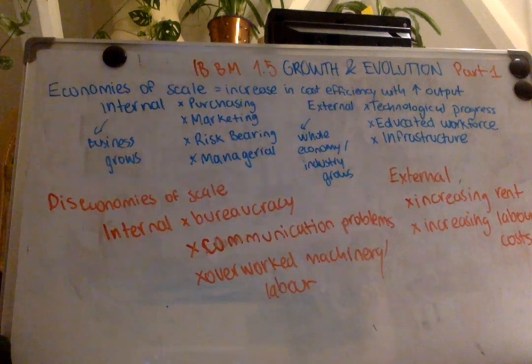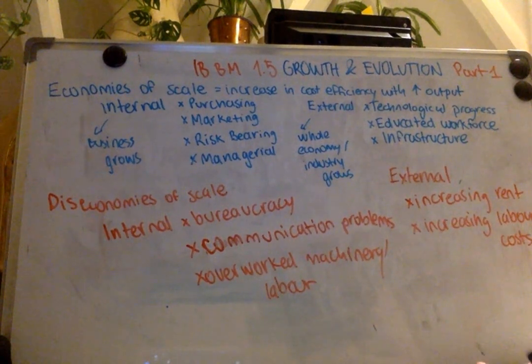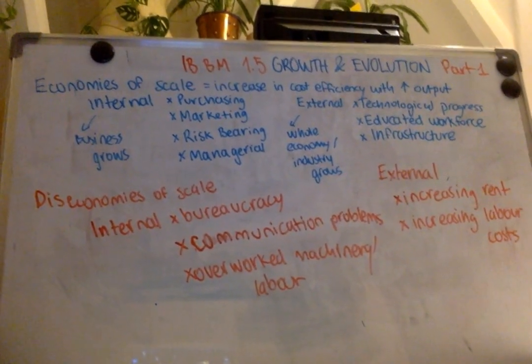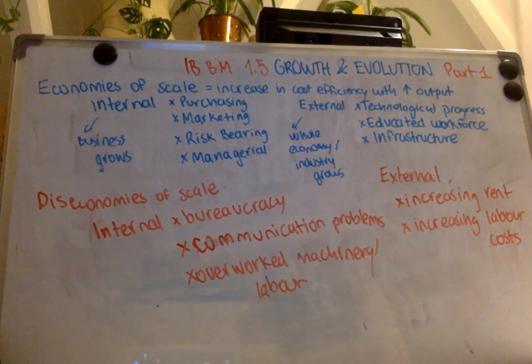Bureaucracy is all these administrative processes that occur within the business. As you get larger, in order to remain organized, you need more bureaucracy. You need a lot more administration to organize everything well. And that comes with costs, because someone needs to do that bureaucracy, and it takes time of workers in general.